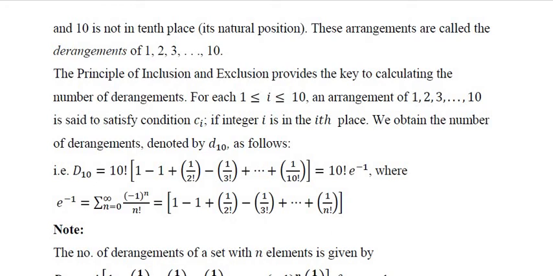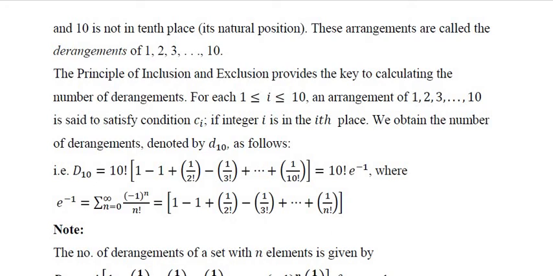The principle of inclusion and exclusion provides the key to calculate the number of D arrangements. In a general case I am considering n as 10 here. For each I, 1 less than or equal to I less than or equal to 10, an arrangement of 1, 2, 3 etc. up to 10 is to satisfy the condition Ci.